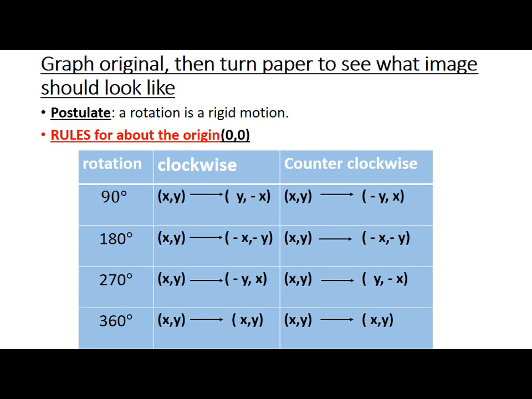When you're doing rotations, there's no easy way around it. You have to know what you're doing and which direction you're going, clockwise or counterclockwise, and how much of a rotation you're doing: 90, 180, 270, 360. Everybody likes 360 because if I turn something 360 degrees, it ends up in the same spot.